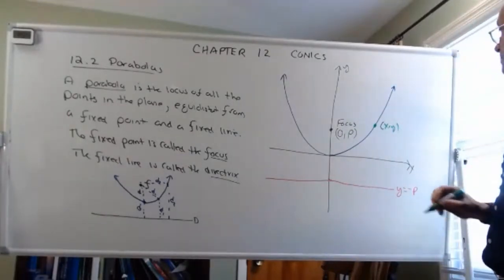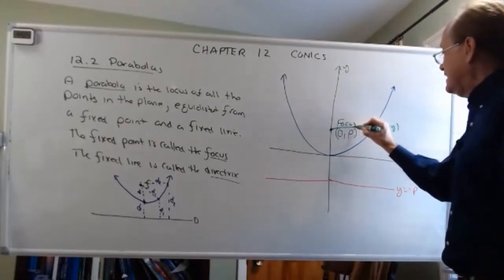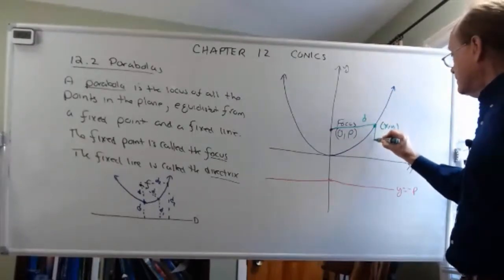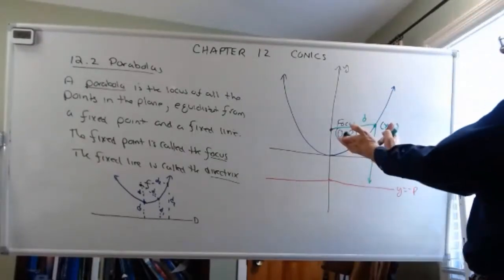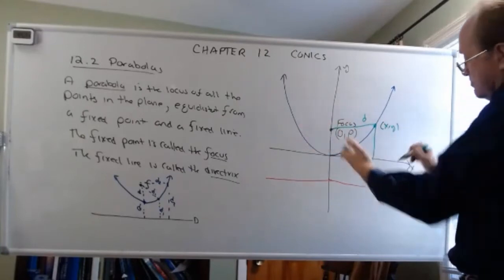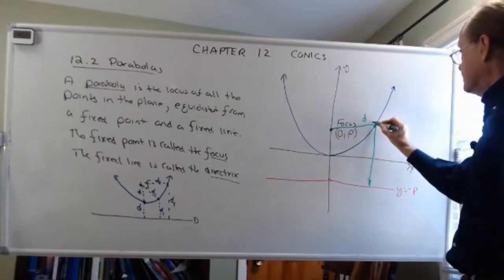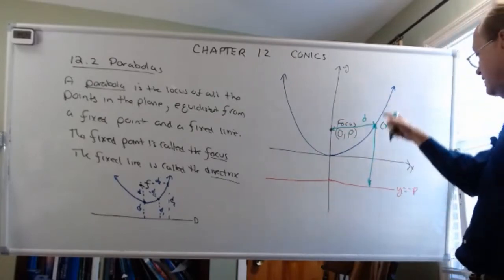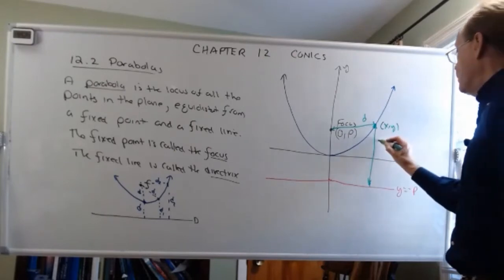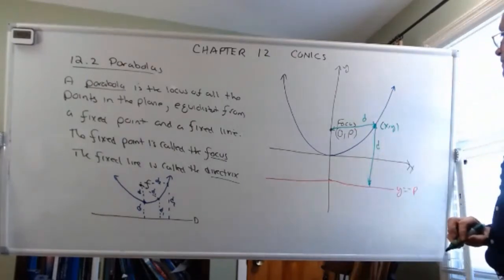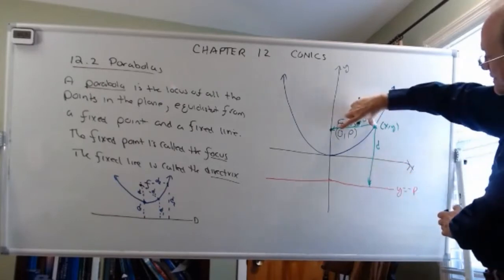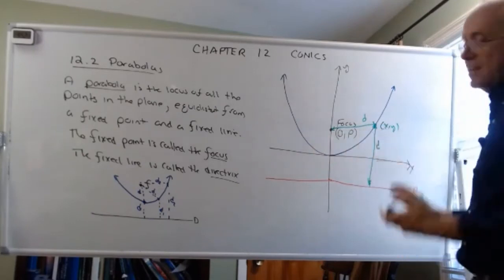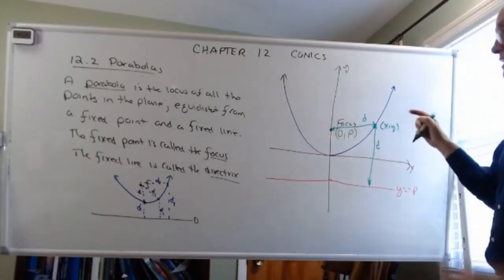And what do I want to have happen? I want this distance here and this distance to be equal. They don't show to be equal. This parabola would have to be a little wider, but that's okay. The distance between those 2 points and this line straight down, I want that to be the same. Since this is a little bit shorter than that, my parabola should be a little bit flatter than I've drawn it. That's okay. We get the idea.